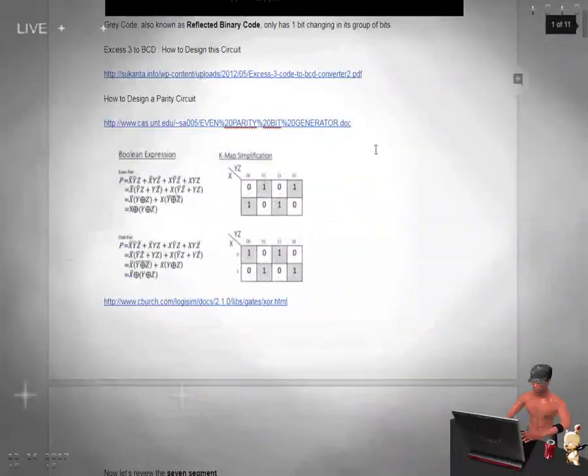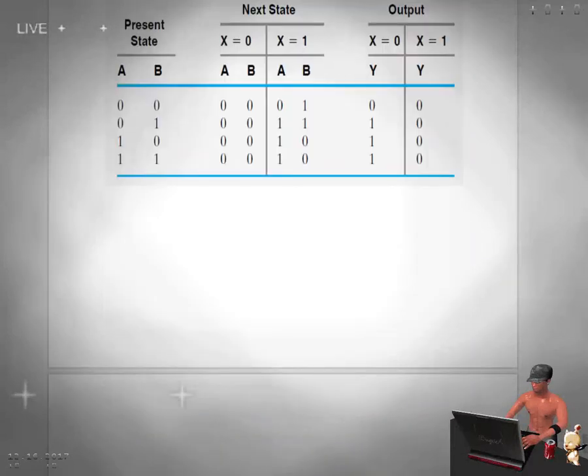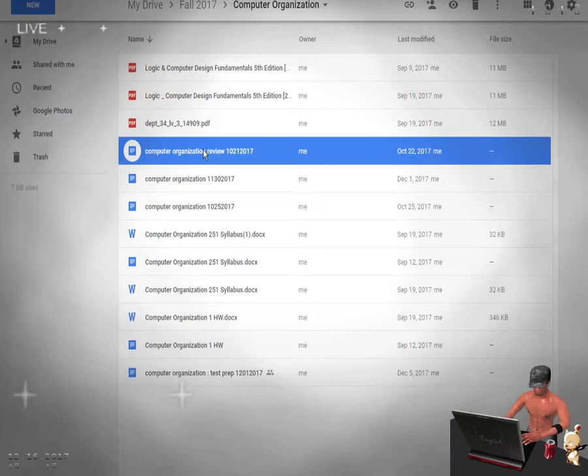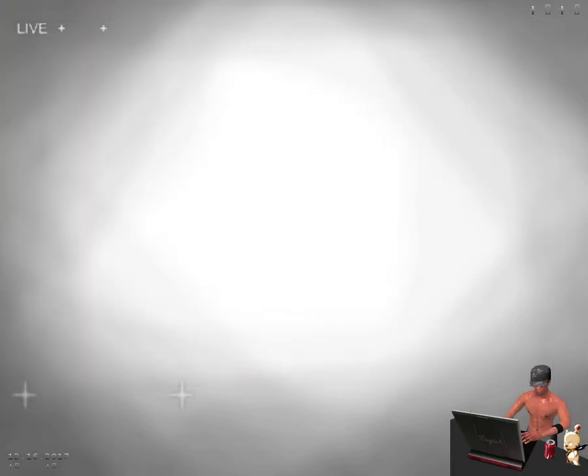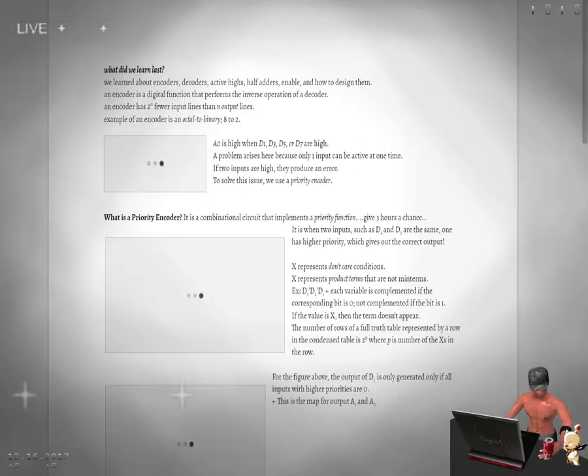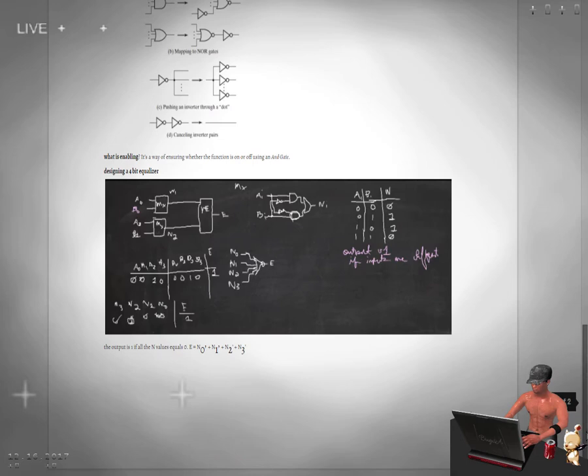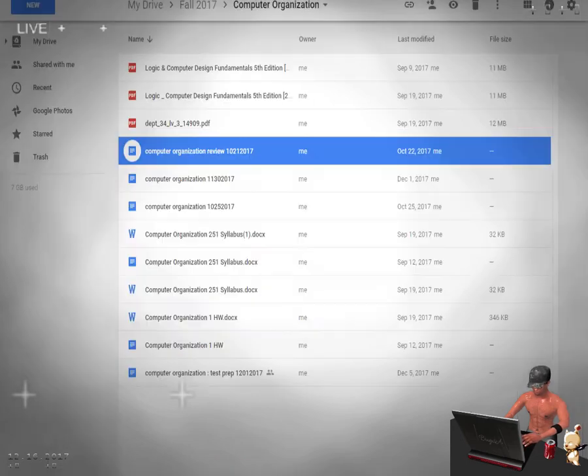Sequential circuit. All right, so it's not on here. My bad. I thought maybe I wrote it down somewhere. Priority encoders. Okay, I didn't write it down. The sequential circuit.